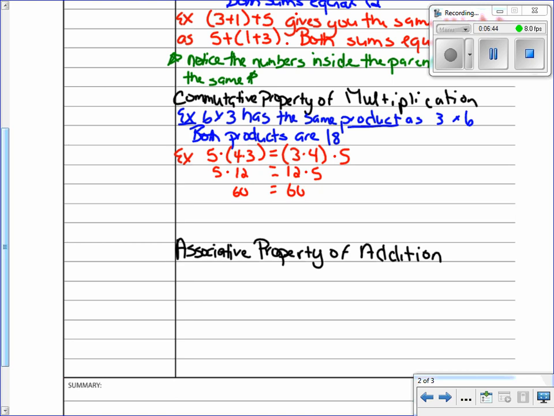So an example of that would be that the sum, the quantity of 3 plus 5 plus 9 has the same result as the quantity of 9 plus 5 plus 3.